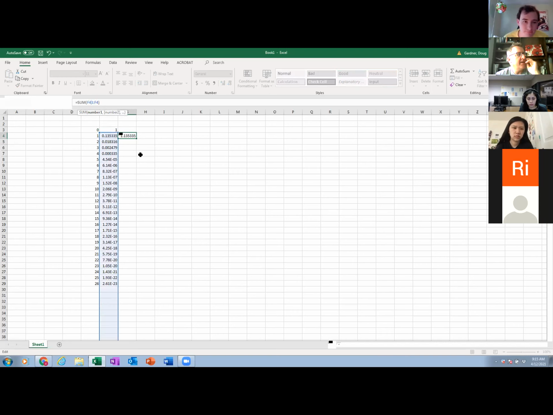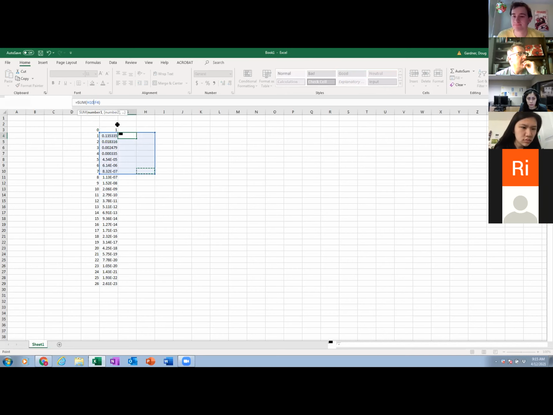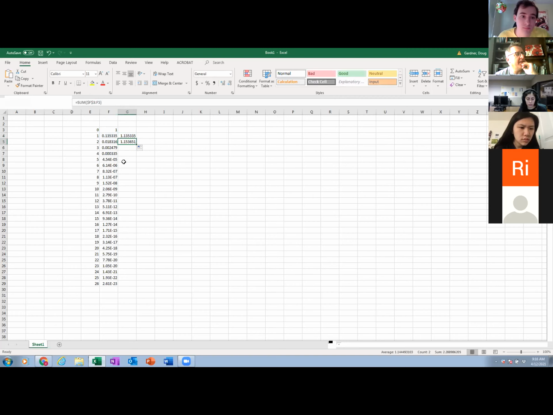So if I put dollar signs in front of those, then if I drag this down, notice that becomes F3 to F5, which means add F3 plus F4 plus F5. So then this is S2 and this is S3 and that's S4.